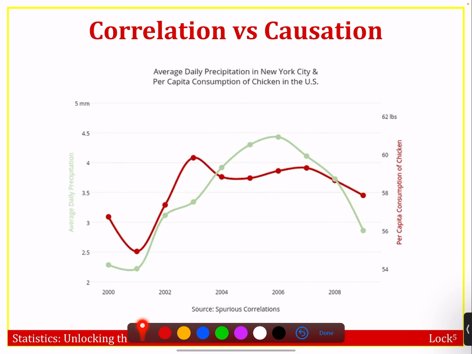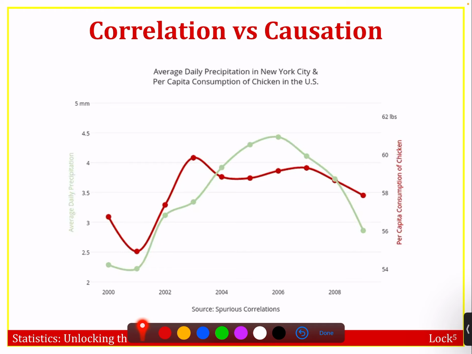All right, this one might be hard to read, but the green graph is the average daily precipitation in New York City. And the red graph is the per capita consumption of chicken in the United States. They're definitely correlated, but there's absolutely no causation here.